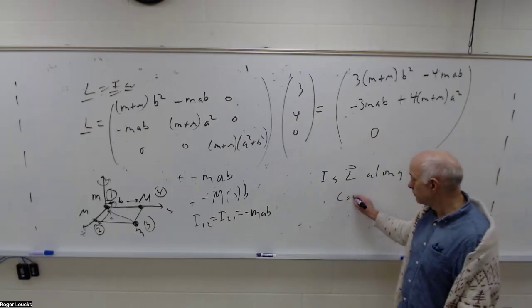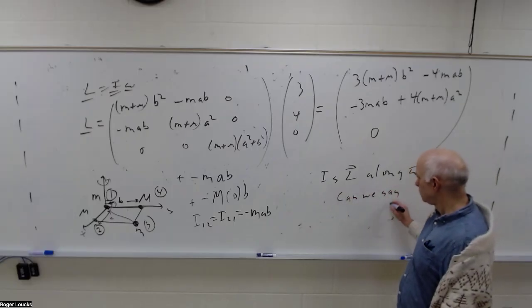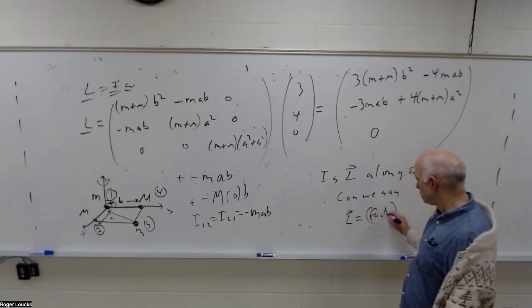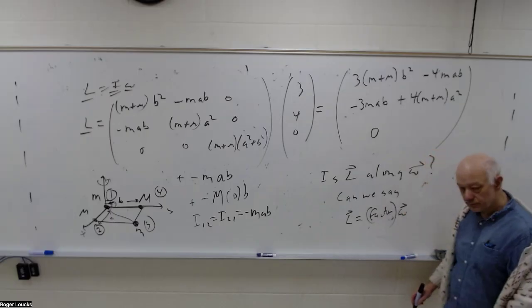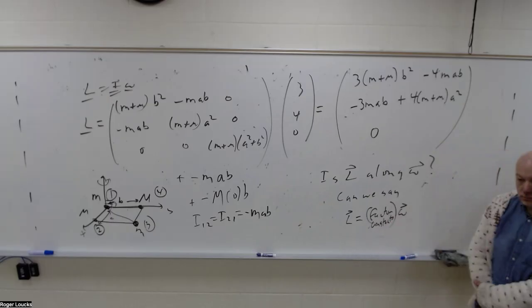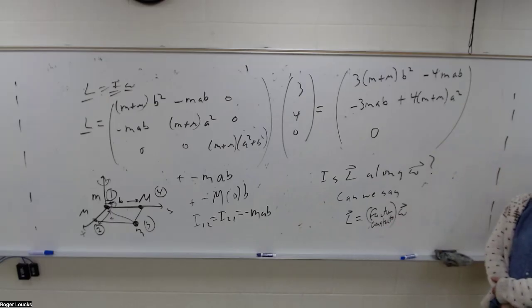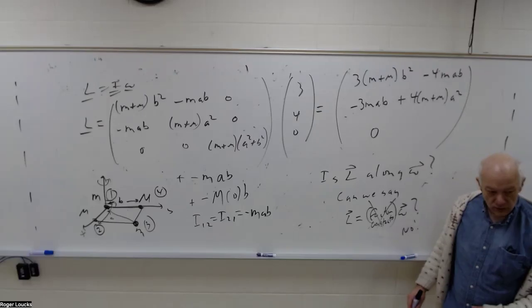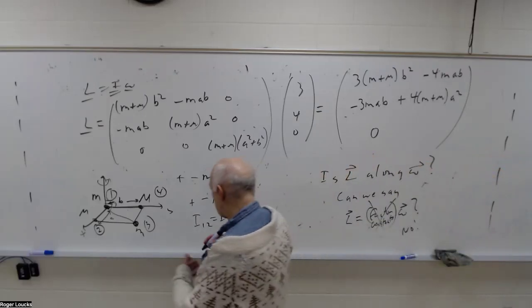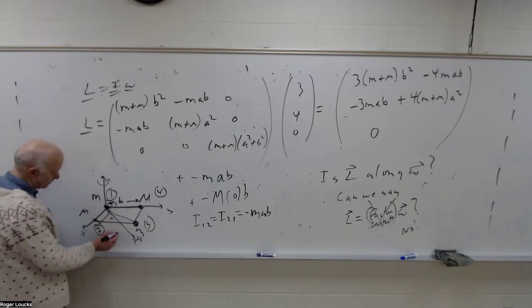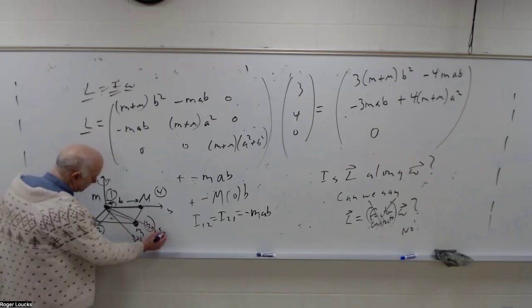Can I write L as some constant factor of omega? Absolutely not. Nothing factors out of there, so the answer is no. This L vector goes like this, and the omega vector would be something like this.